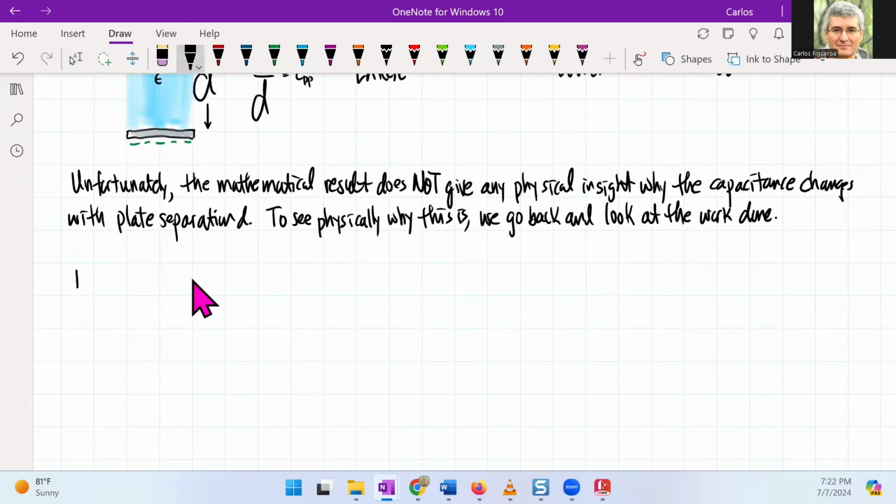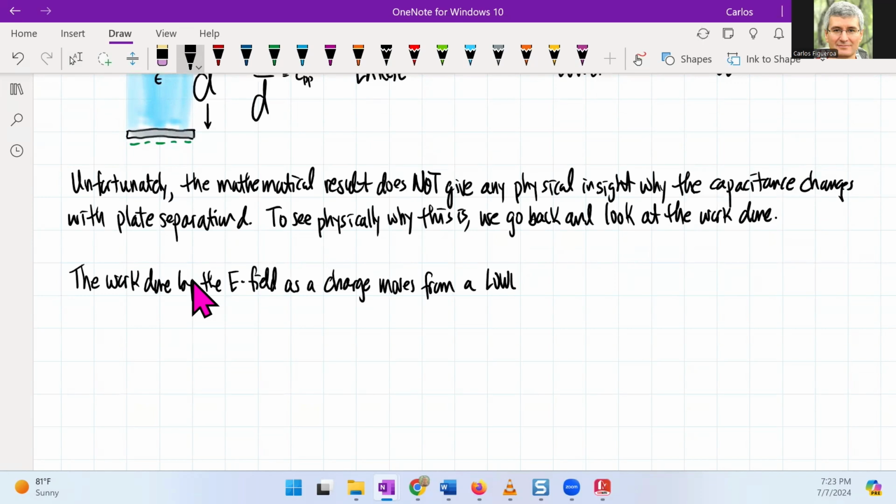So the work done by the electric field as a charge moves from a lower to a higher electrical potential energy is like this.